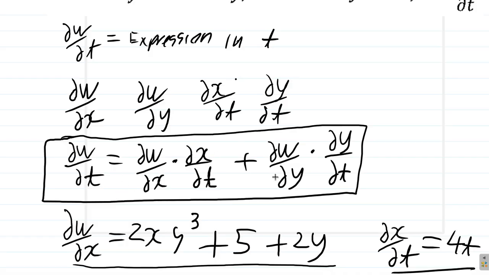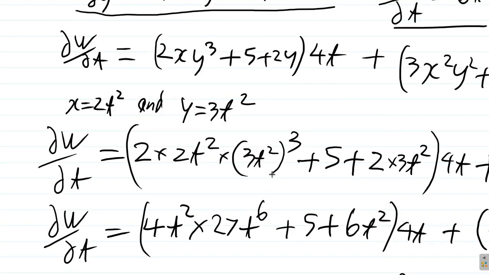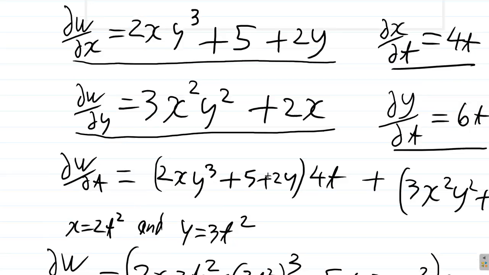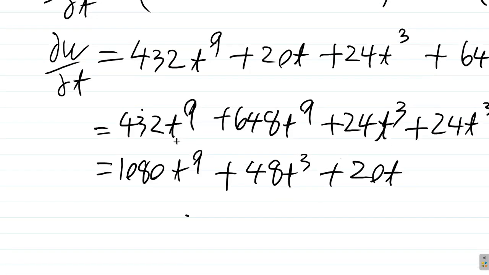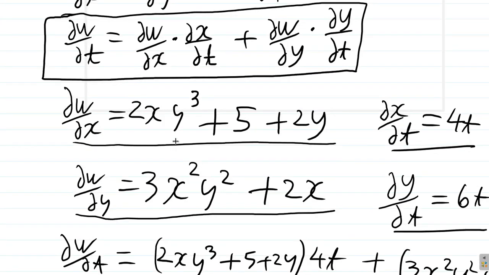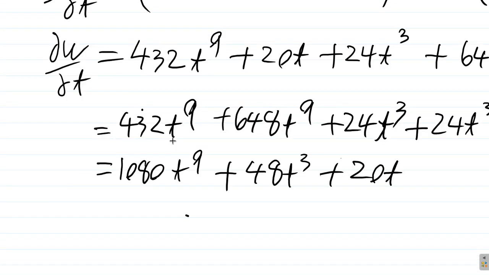You find each of these partial derivatives and put them together based on the formula. And then since you want delta w by delta t, have the function in terms of t. So you have numbers and t. So you eliminate the x and y's or any other letters that are there. Alright? So that's it for now.